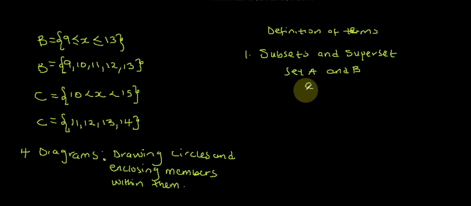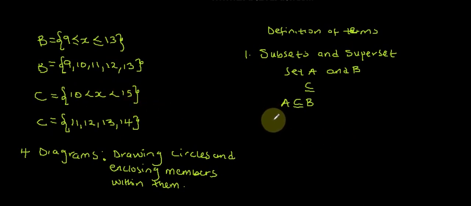This symbol is the symbol of subset. So if we say A is a subset of B, that's if A contains some or all the elements of B. Now for instance, let me give an instance.